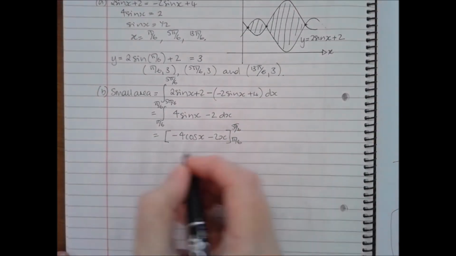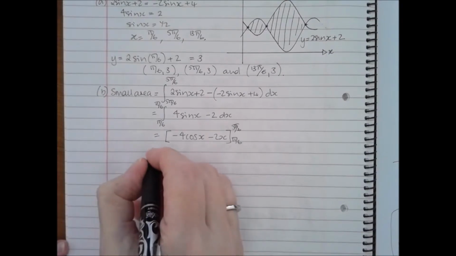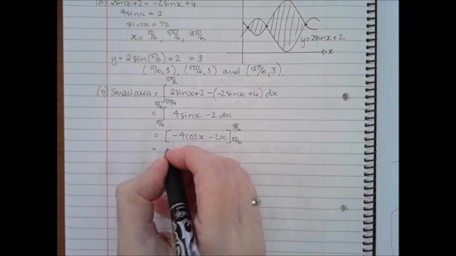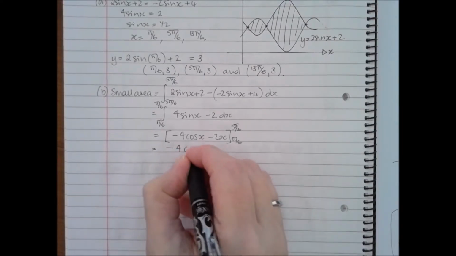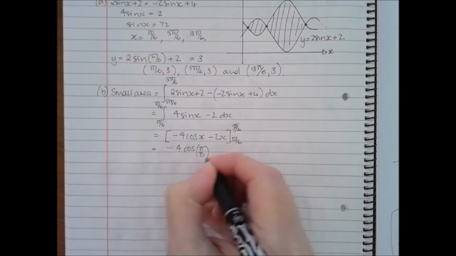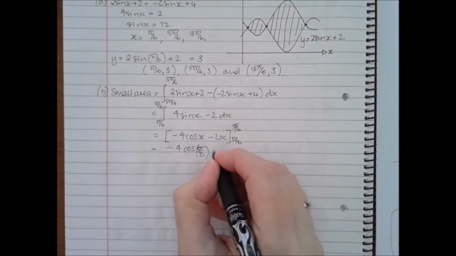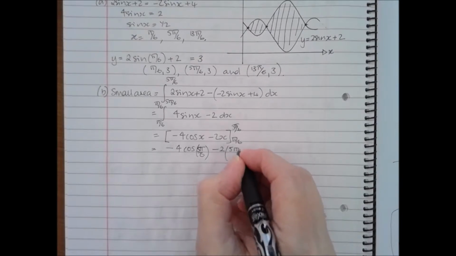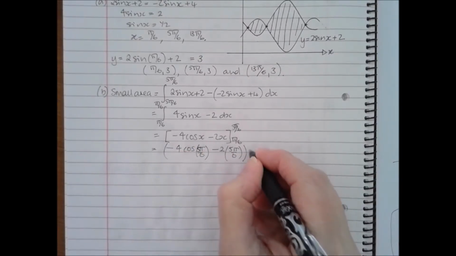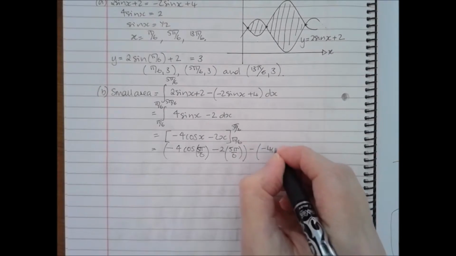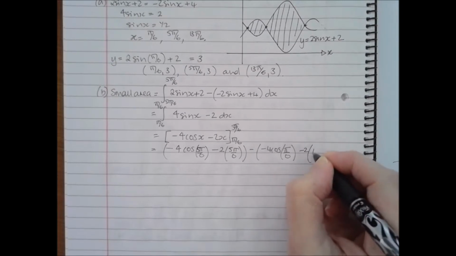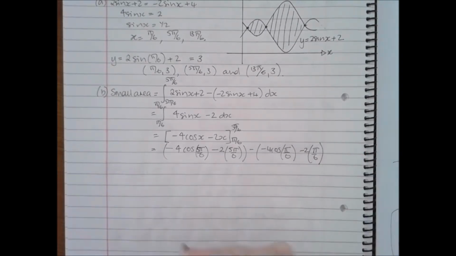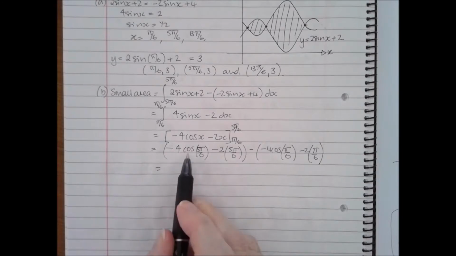If I substitute these in, I end up with minus 4 cos 5 pi by 6, minus 2 lots of 5 pi by 6, and then take away minus 4 cos pi by 6, take away 2 lots of pi by 6. So if we work this out, this gives me 2 root 3.